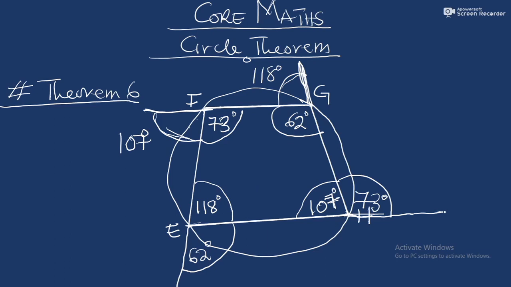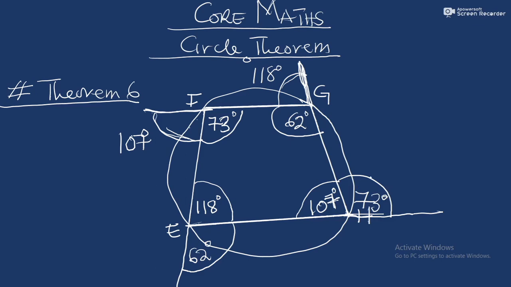chord, if we extend a chord and it forms an angle with an existing chord, the angle between the extension of the chord and the existing chord is the same as the opposite interior angle.